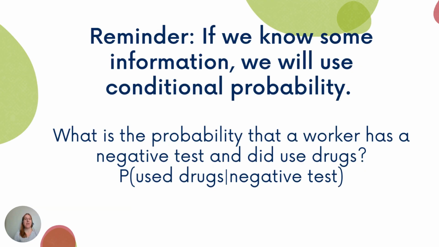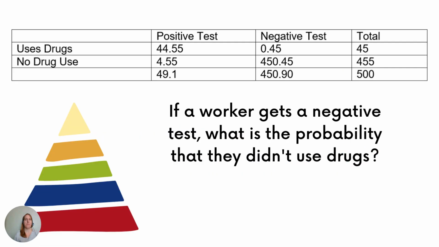Now remember, if we know some information, what we are doing is using conditional probability. So if we are looking at just the people who had positive test results, we would look at only that information on our table. So if a worker gets a negative test, what is the probability that they didn't use drugs? In order to figure this out, I am using conditional probability.